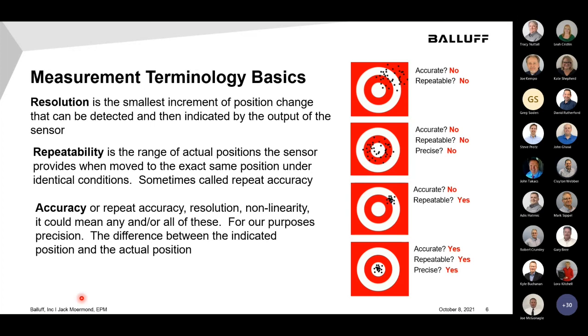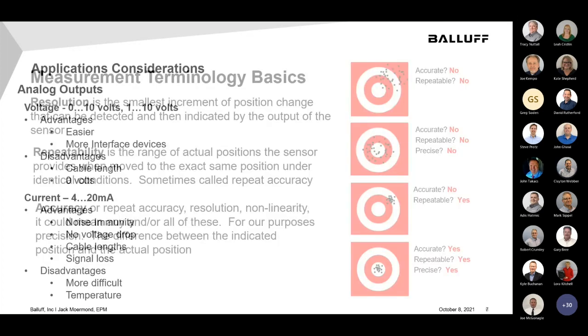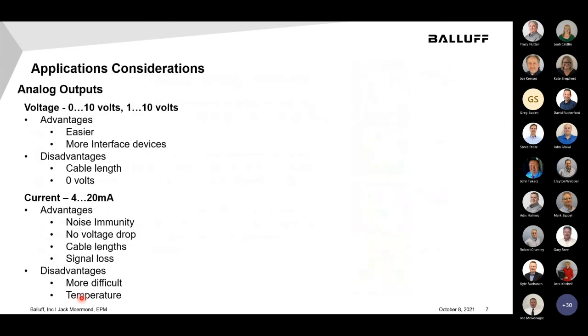As I mentioned earlier, typically with these devices, you're going to have an analog output or again, IO link, in which case IO link is not affected by these. But typically analog outputs on our devices can be 0 to 10 volts or it could be 1 to 10 volts.